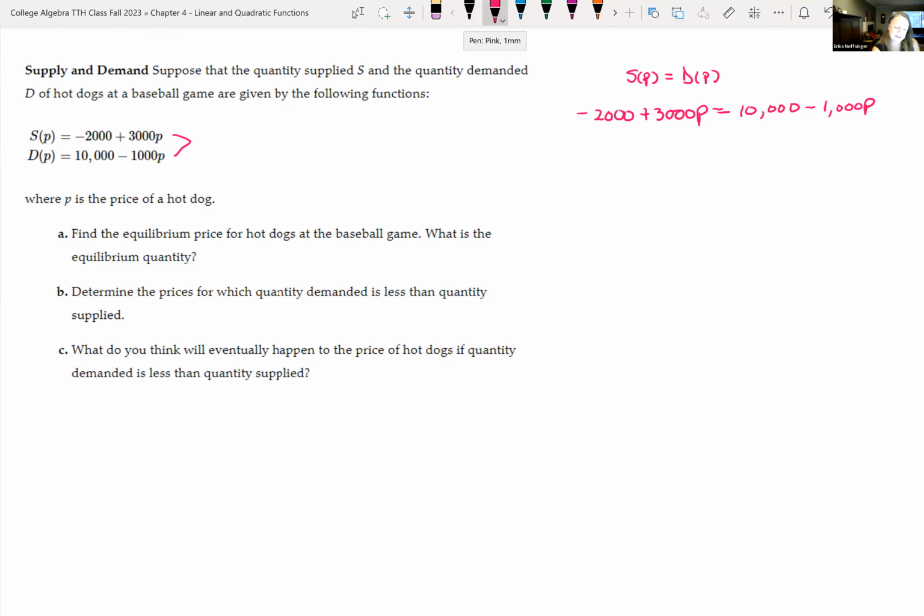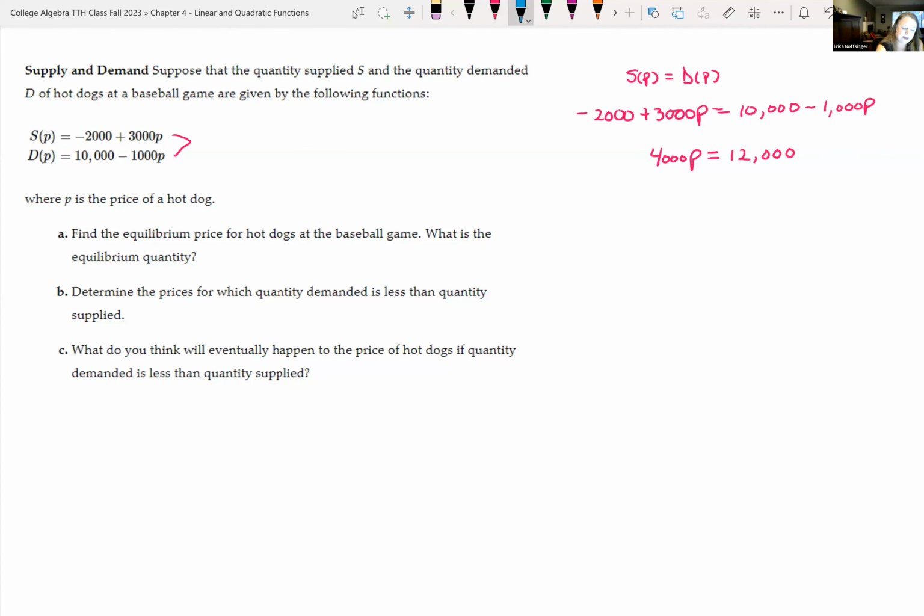We want to get P's to one side and numbers that don't have P on the other side. If I add 1,000 P to my 3,000 P, that gives me 4,000 P, is equal to, adding 2,000 to both sides, 10,000 plus 2,000 is 12,000.